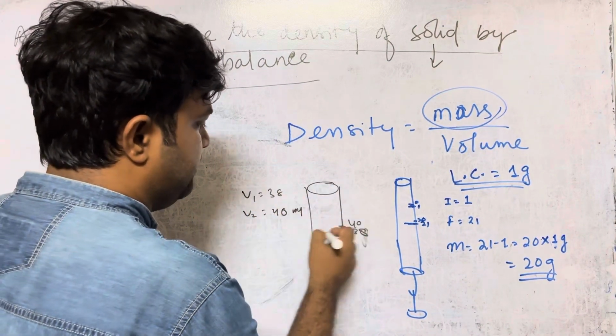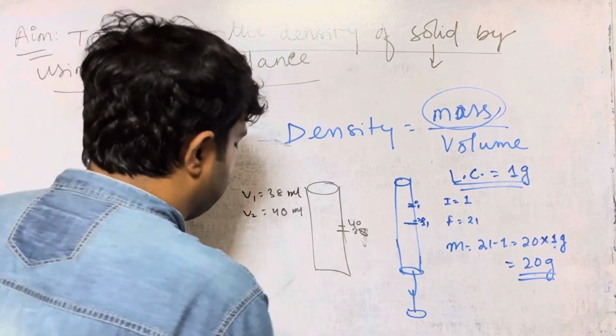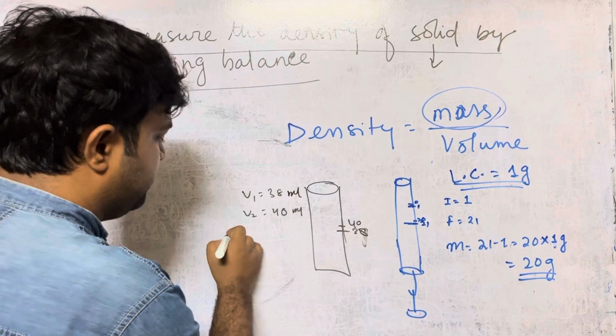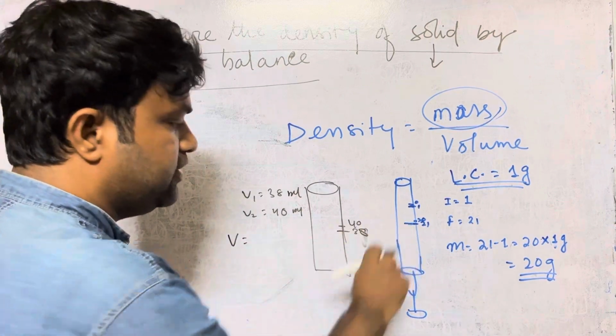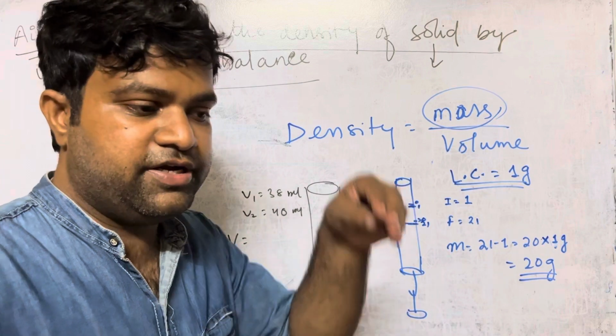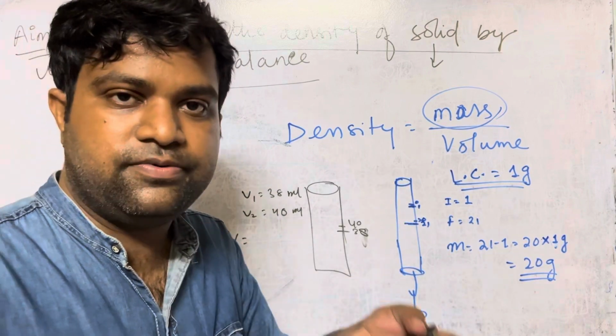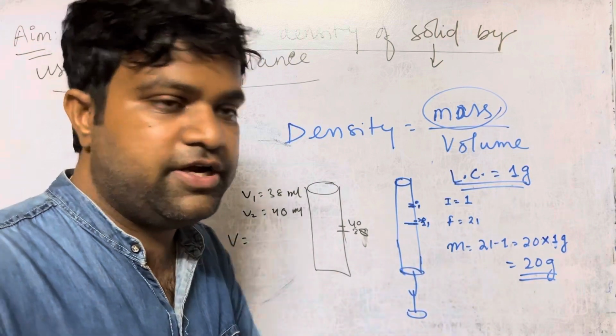It was a 50 ml cylinder. So the volume of your solid is the amount of water that goes up when it is dipped inside, due to the volume occupied by the solid.